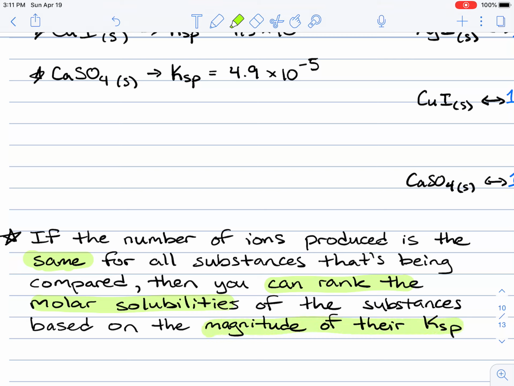And so based on the numbers that I'm seeing here, copper 1 iodide is probably in the middle, and the substance that is the most insoluble, the one with the least molar solubility, is going to be AgI. So this is the least soluble of all of these slightly soluble substances.